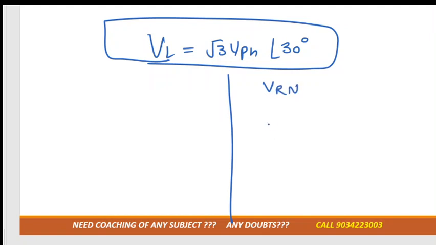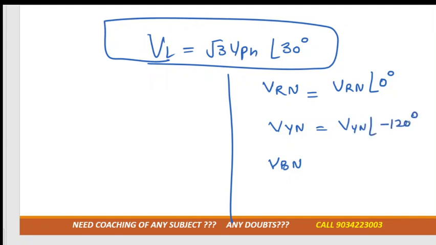First phase voltage is VRN, second phase voltage is VYN, third phase voltage is VBN. VRN, angle is 0 degree. VYN, angle is minus 120 degree. And VBN, angle is plus 120 degree. Correct?